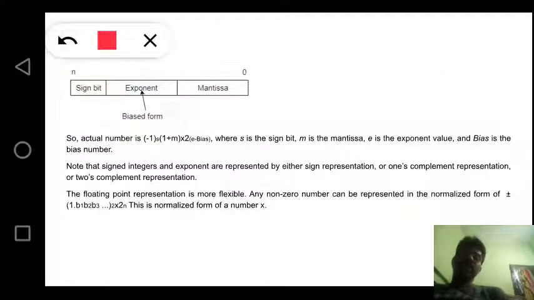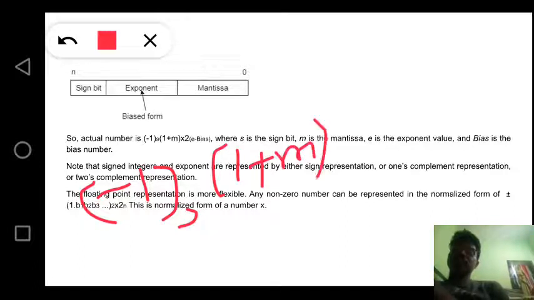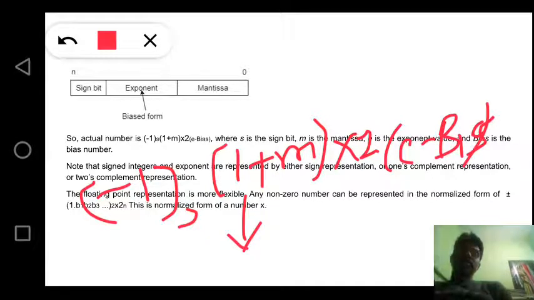So the actual number is (-1)^s, next, (1 + m) times 2^(e - bias), where s is the sign bit, m is the mantissa, e is the exponent, and bias is the bias number.